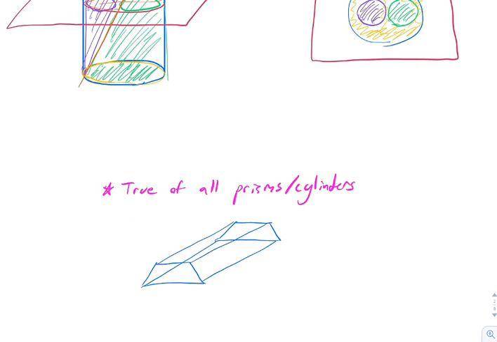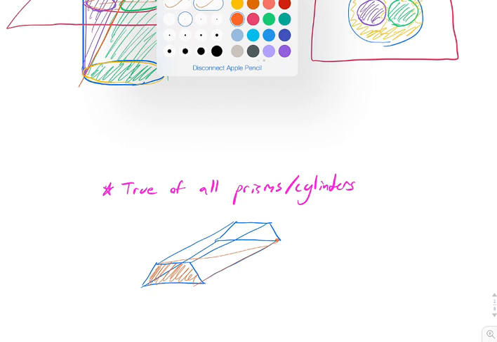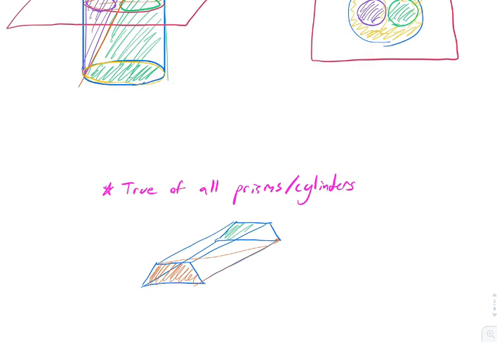Okay, so you could do the same thing for any prism. So here's a trapezoidal prism. If I just connected this base to a point on the bottom over here, and then I do the same thing from the other side, let's do this base here, and we connect it to this corner up here.